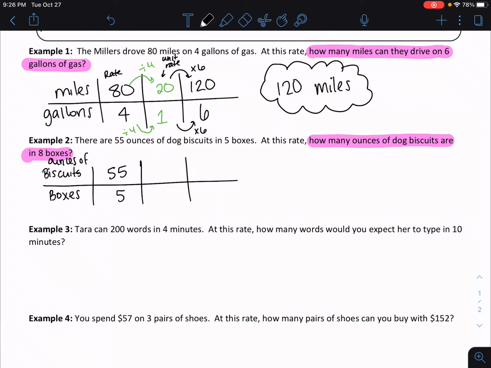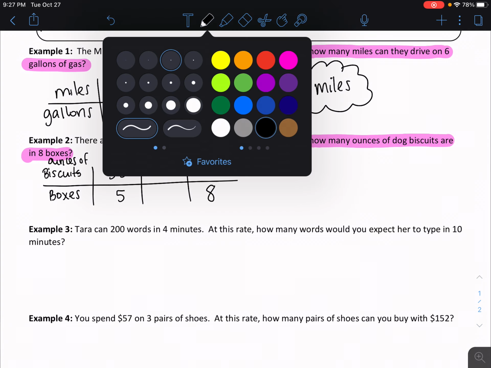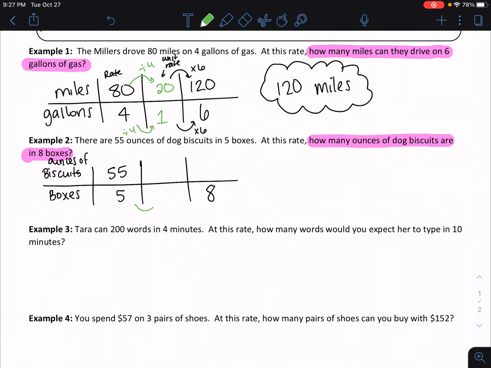So I'm trying to get to 8. And we've done these tables before. So I'm going to go down to 1 here. Divide by 5 to go to 1. Divide by 5, and I get 11. And then to get from 1 to 8, I multiply by 8. Multiply by 8, and I get 88 ounces.